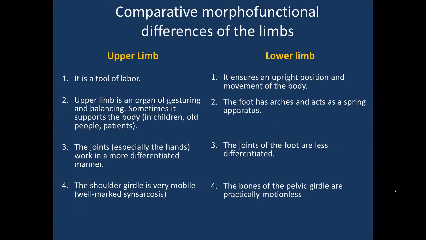Then comparative morphofunctional differences we see in this slide, and mostly upper limb is a tool of labor. That is the famous idea that during evolution, during phylogenesis, we started to use upper limb only for labor.